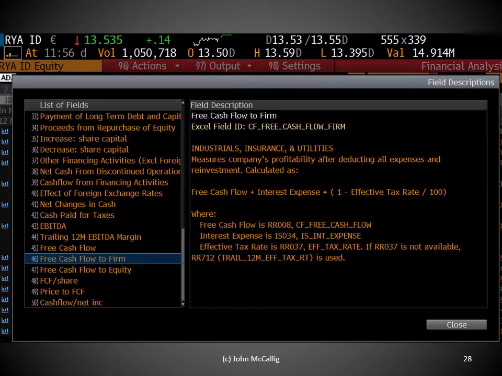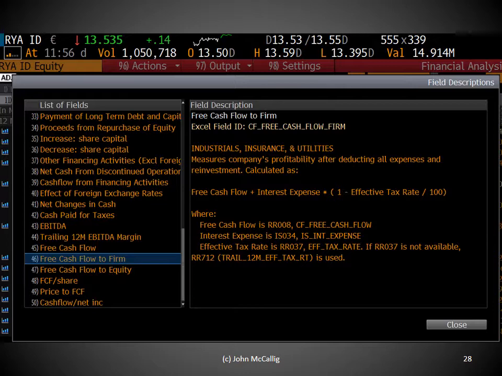And the formulas that Bloomberg uses are quite easy. Free cash flow is equal to operating cash flow minus capital expenditure. Exactly the definition I had on the slide.